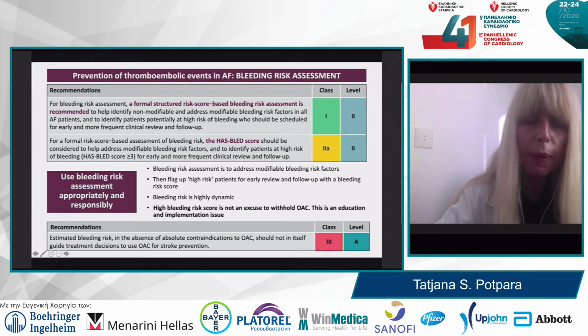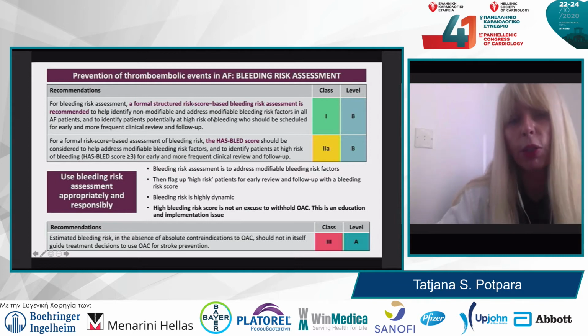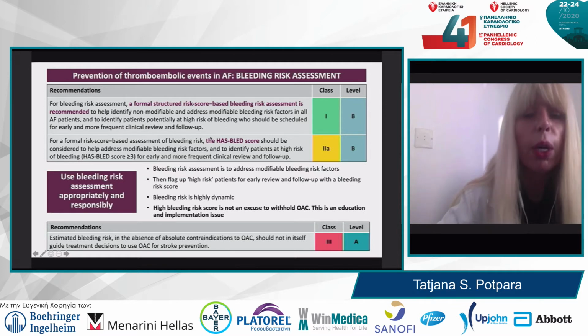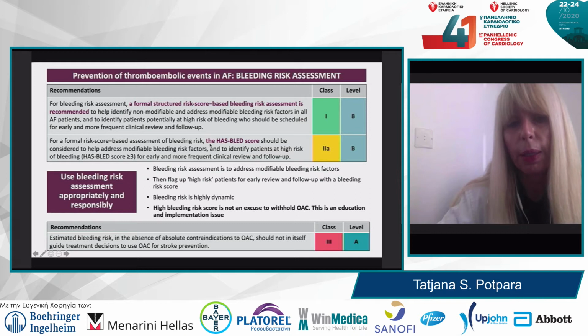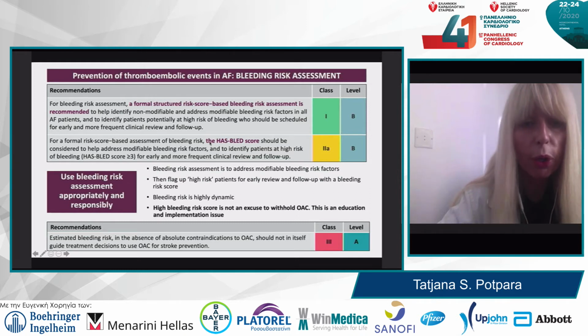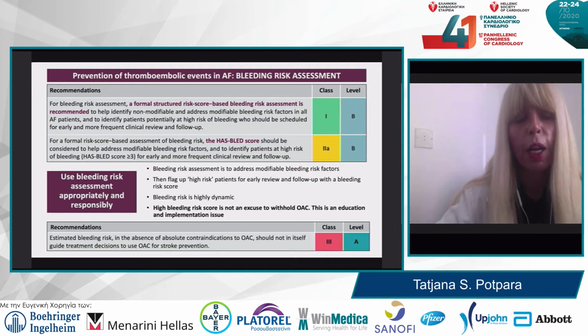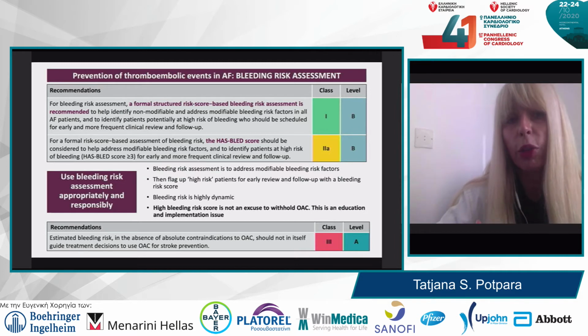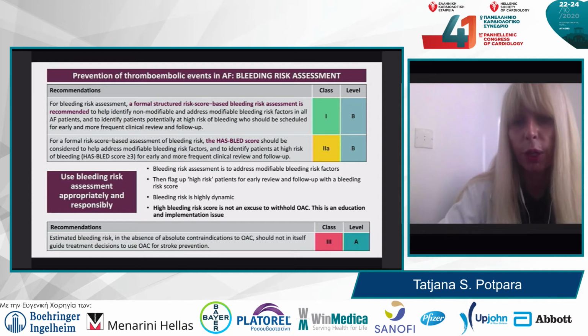For the purpose of a formal structured bleeding risk assessment using a formal risk score, 2020 ESC guidelines recommended the HAS-BLED score. However, it's very important to realize that the use of bleeding risk assessment should be appropriate and responsible, because bleeding risk assessment means that we need to address modifiable bleeding risk factors and also to flag up patients with non-modifiable bleeding risk factors for a more regular clinical follow-up.